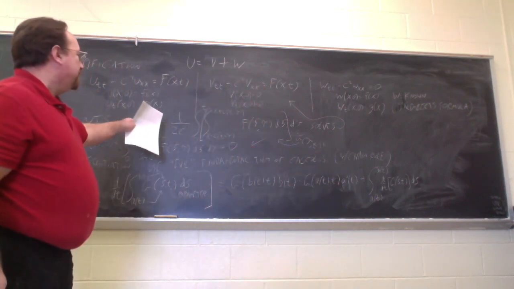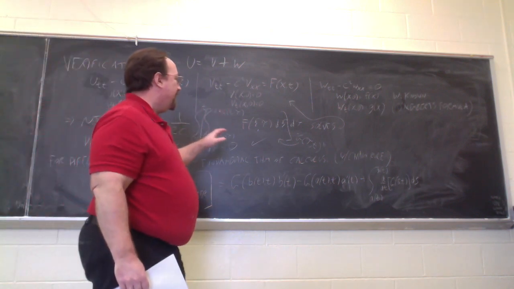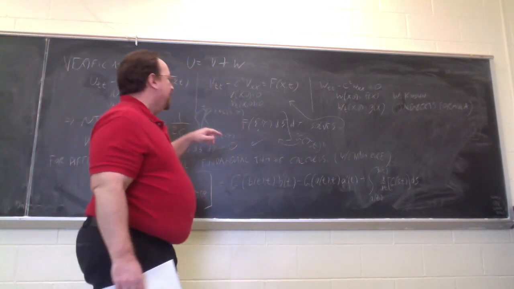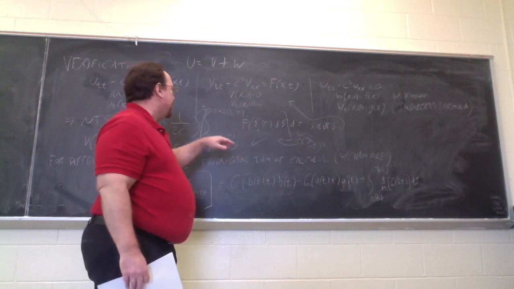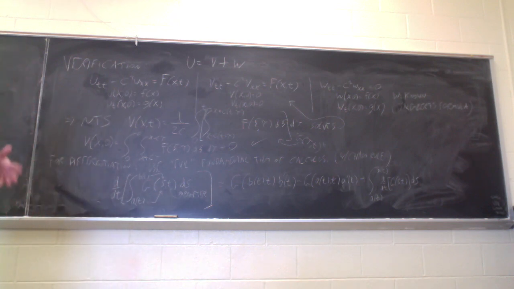So t is your outside variable, but because the outer integral is with respect to tau, you think of it like this. And then g itself has this additional dependence on x and xi, just because it is itself an integral, which makes things even worse.